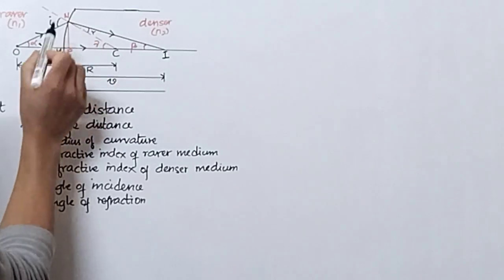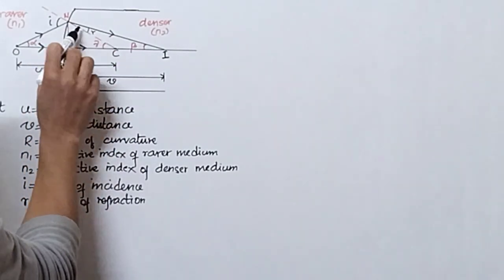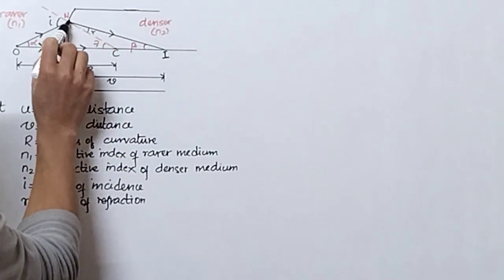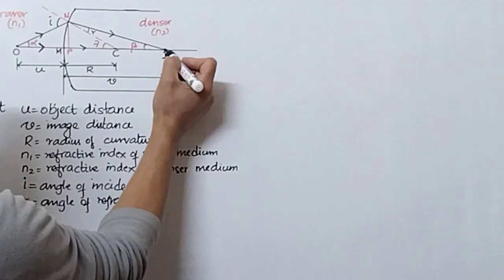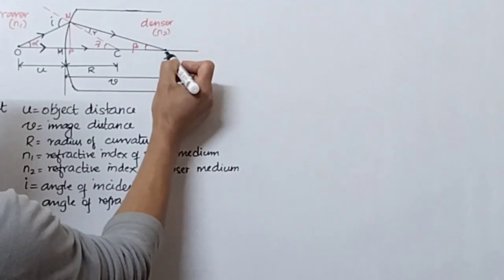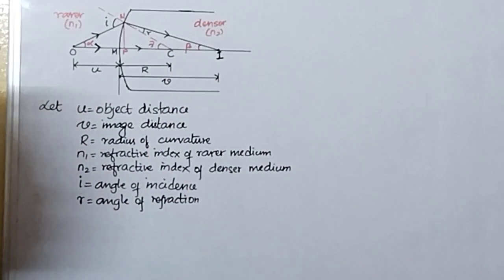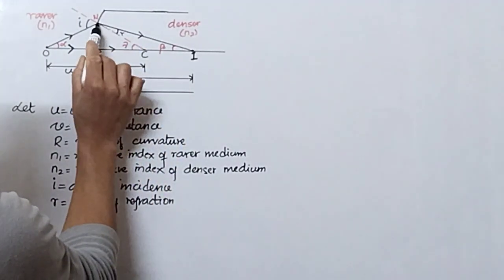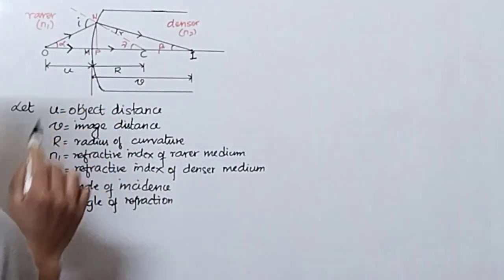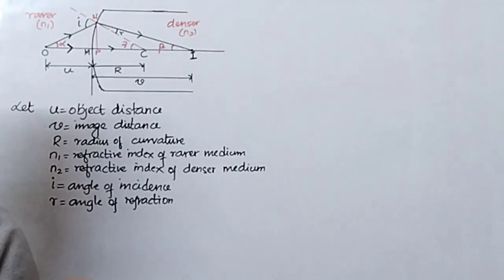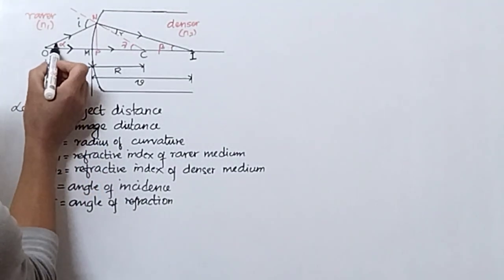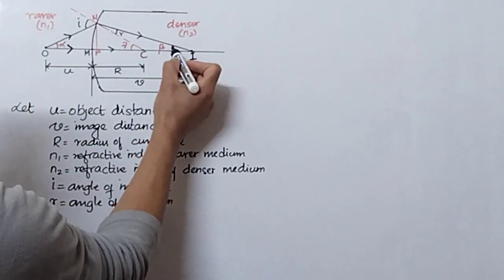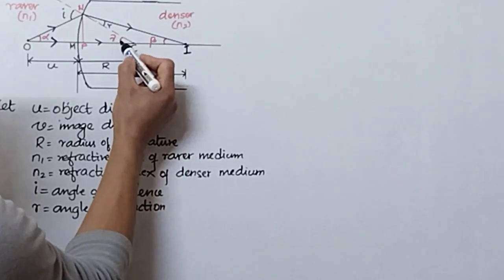So after this point N, the ray will move in this direction, and the two refracted rays will intersect at this particular point where we get the image of this object. So this angle here is the angle between the normal and the refracted ray, which is called the angle of refraction. And we have taken three other angles. This angle is alpha, this angle is beta, and this angle is gamma.